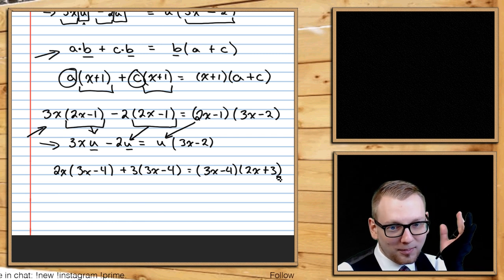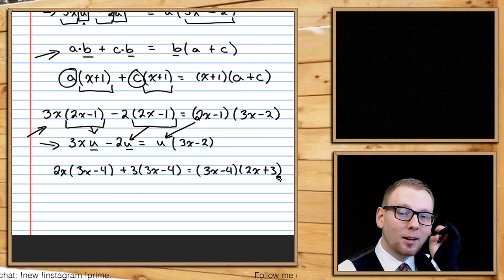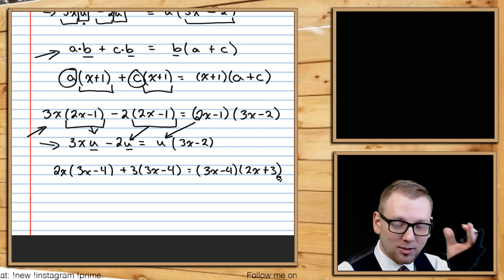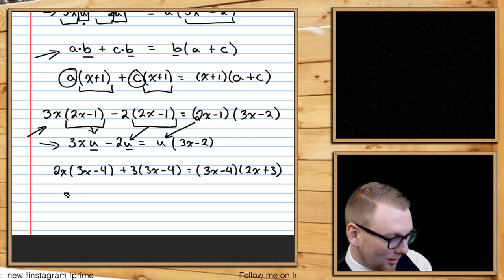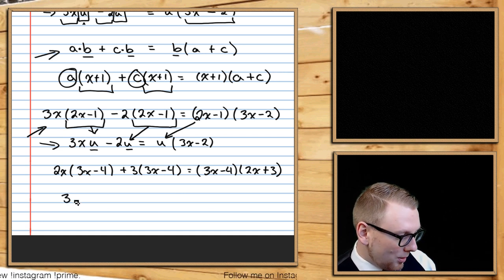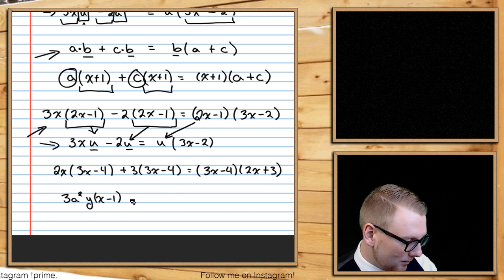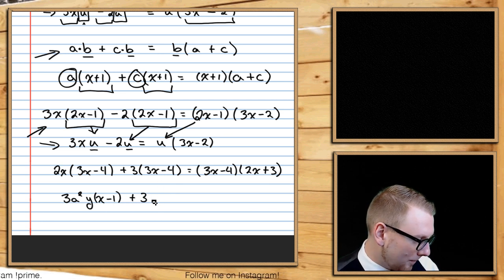Okay. I'm going to give you one that looks a little different, but it is still pretty much the exact same. 3a squared y times x minus 1 plus 3 times x minus 1.